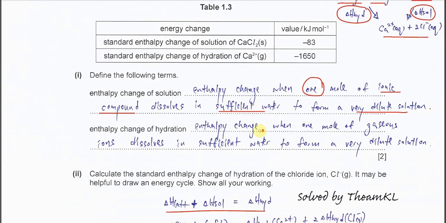Okay, the second definition is the enthalpy change of hydration. It's the enthalpy change when 1 mole of gaseous ions dissolves in sufficient water to form a very dilute solution. Now it's still 1 mole, but hydration is always the gaseous ion. So it's 1 mole of gaseous ion dissolved, in a sufficient amount of water as well.